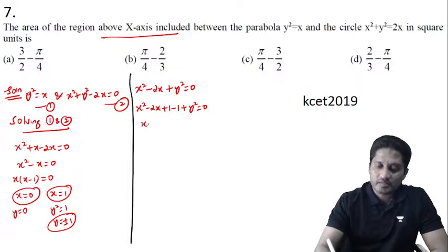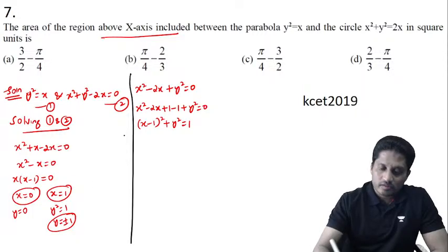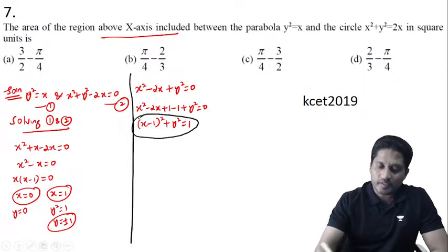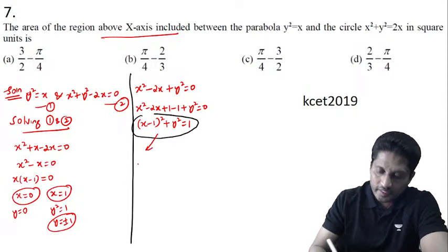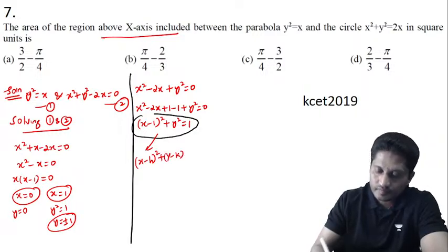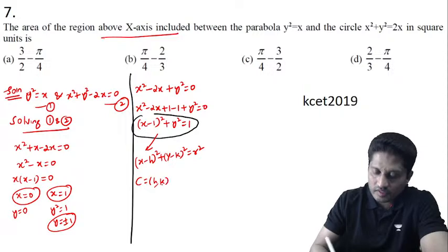The first three terms give x minus 1 the whole square plus y square is equal to 1. This is of the form x minus h the whole square plus y minus k the whole square is equal to r square. So it's a circle whose center is h comma k, that is 1 comma 0, and radius is equal to 1.